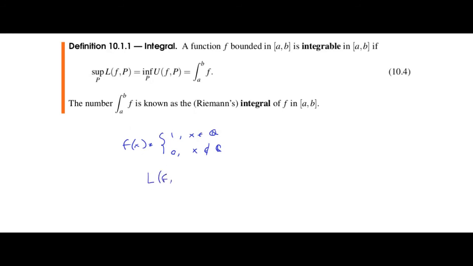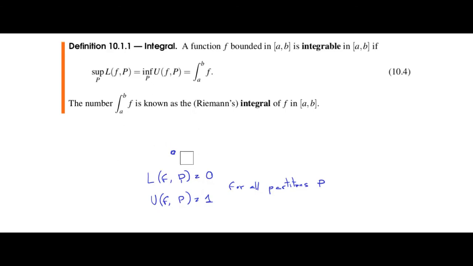It doesn't matter what partition we choose, the lower value of the function is always going to be 0, because in all intervals there's always at least one irrational number, and the upper sum is always going to be 1, because in all intervals there's always at least one rational number. So this is true for all partitions. So the supremum of L is going to be 0, the infimum of U is going to be 1, and so they are not equal.